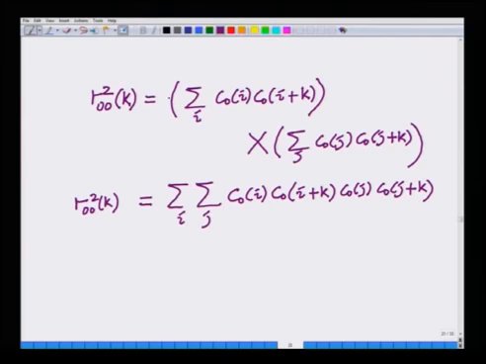Alright, I am sorry, there is also a factor of 1 over n. So, that becomes 1 over n square.